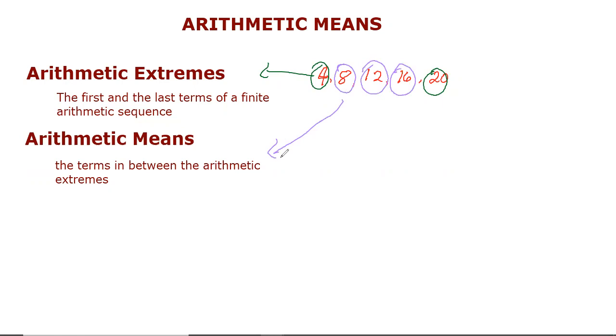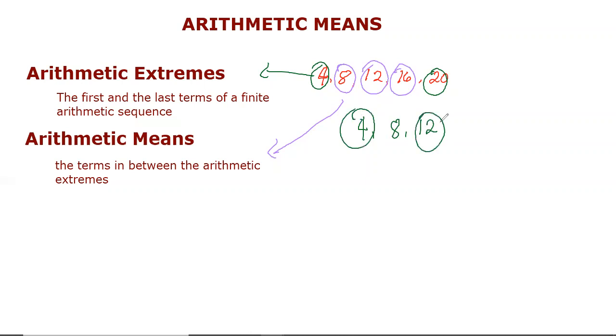So, class, if we have two given arithmetic extremes, and ang kinukuha lang po ay yung nasa center nila, halimbawa isa lang po yung pinapakuha. For example, we have 4, 8, and 12. In this arithmetic sequence, the first and the last terms are the arithmetic extremes.